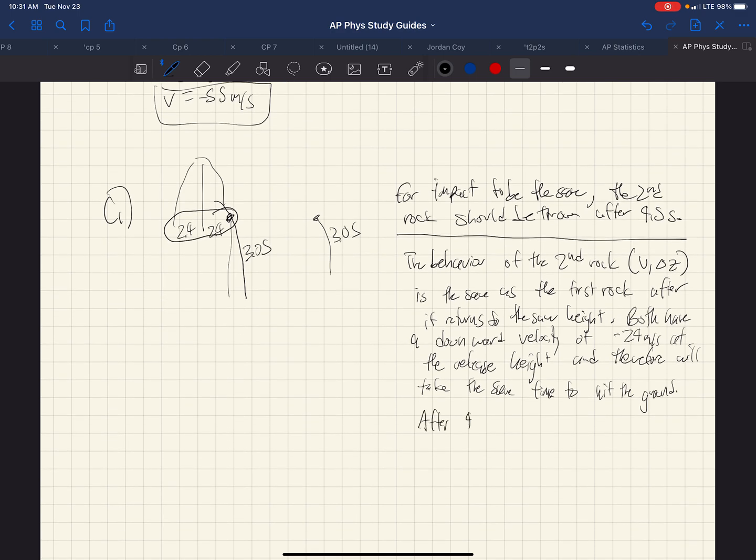After 4.8 seconds, the first rock will be at exactly the same height as the second rock.